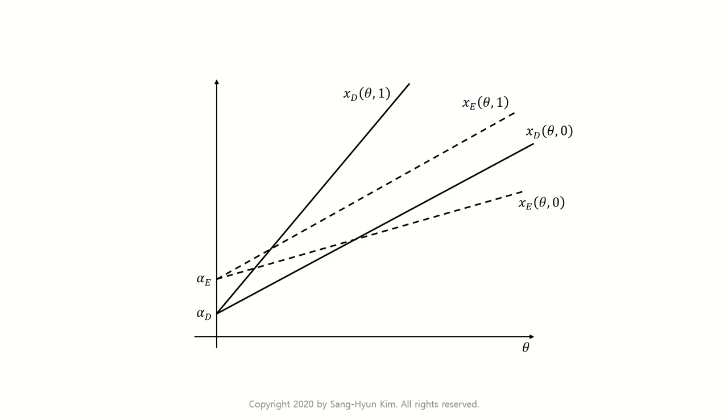So what does this mean? There are two different jobs, one is a difficult job, the other is an easy job, and if the talent is high, and the assigned job is a difficult job, then output will be really high. But if an unproductive worker is assigned to a difficult job, then output level is very low.